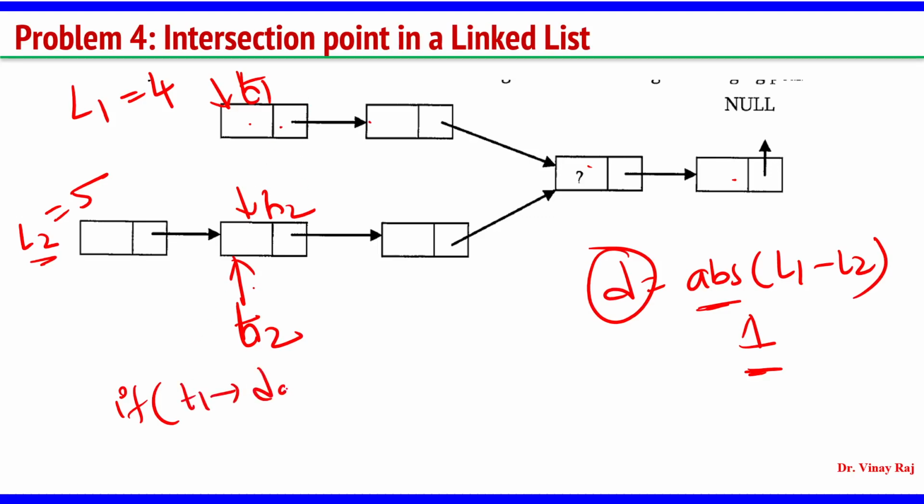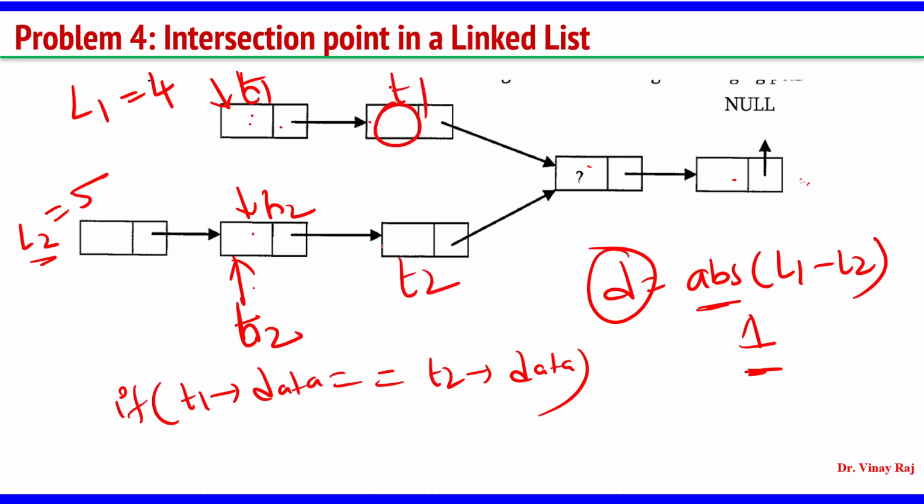Until T1 data is equal to T2 data, or until T1 and T2 both reach null, right. So again, T1 data, T2 data, are they same? No. Then move forward, T1 equals T1 next. So T1 comes here, T2 comes here. Now compare this data and this data.